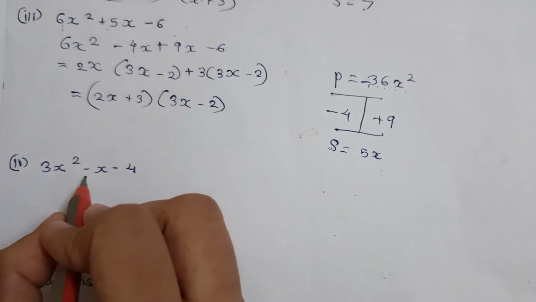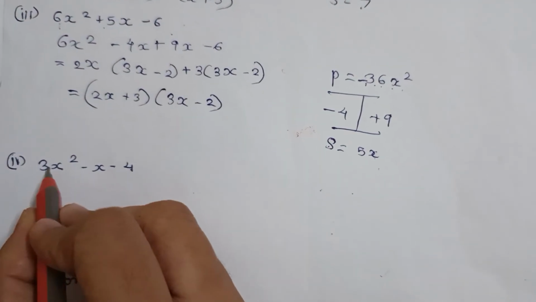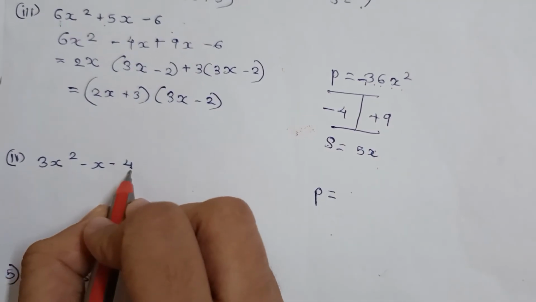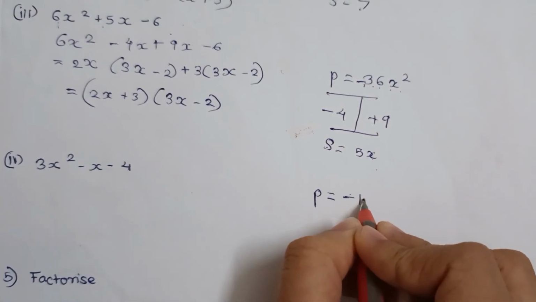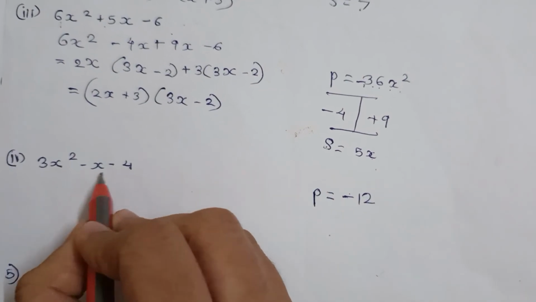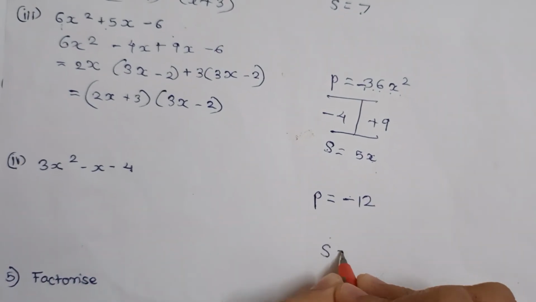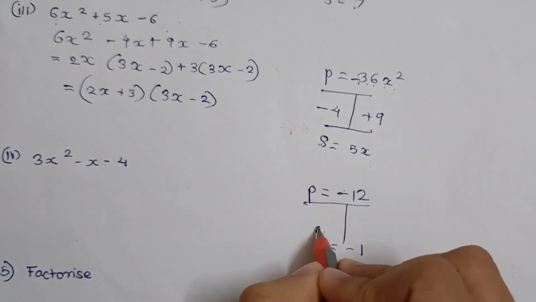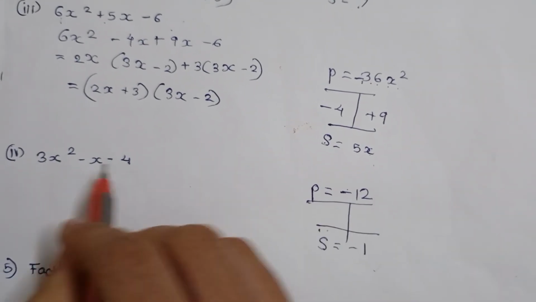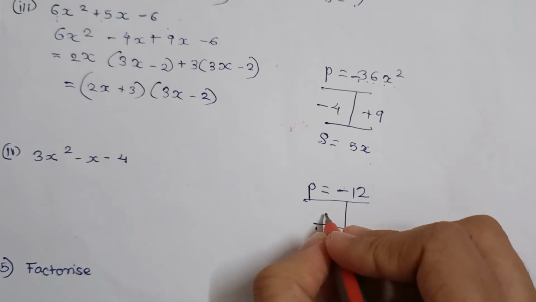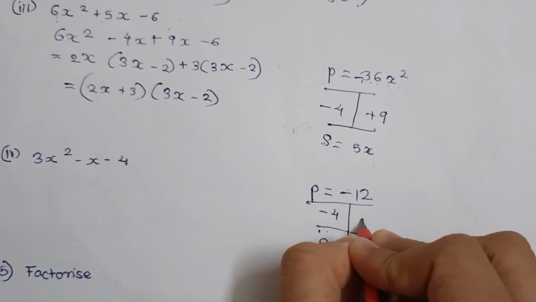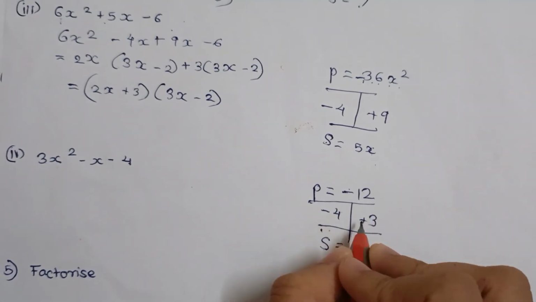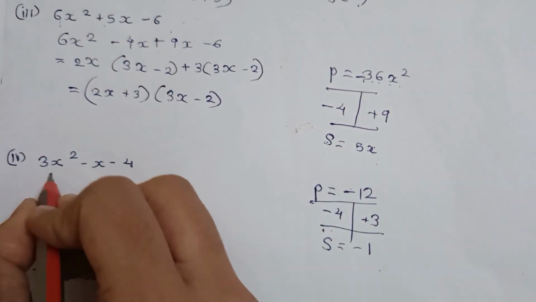Question 4. 3x square minus x minus 4. Here the product is 3 multiplied by 4, so minus 12, and the sum is minus 1. So we will get the middle term, that is minus 4 plus 3. That is 4 3s are 12, minus 12, and minus 4 plus 3 is minus 1.